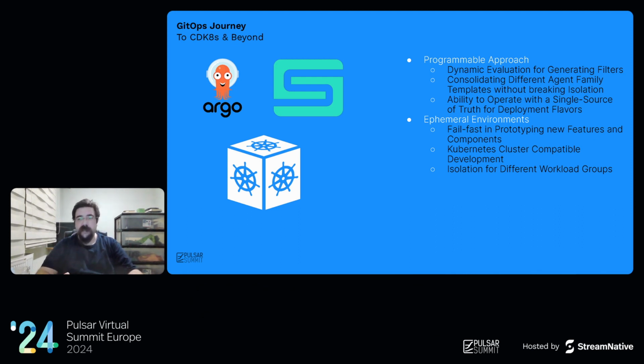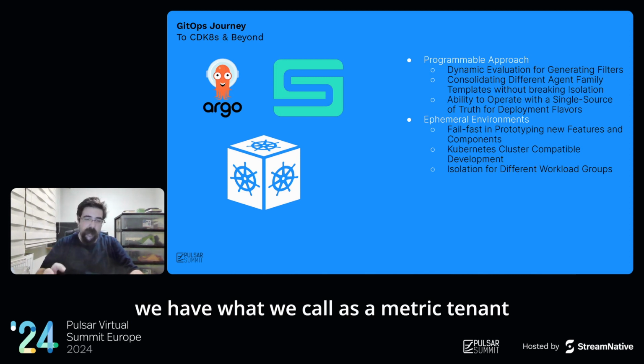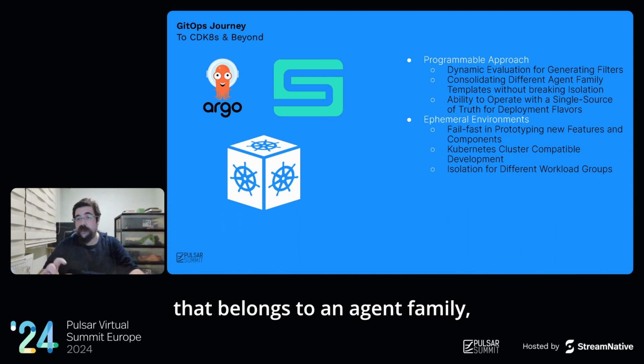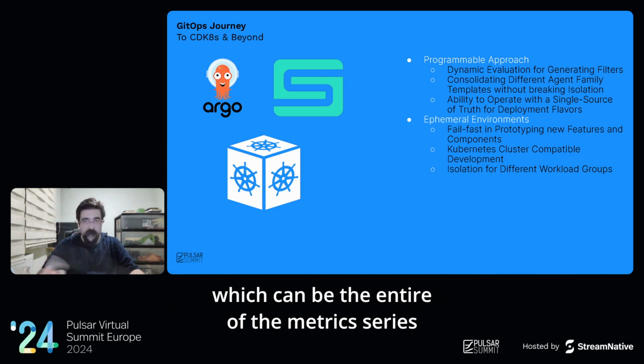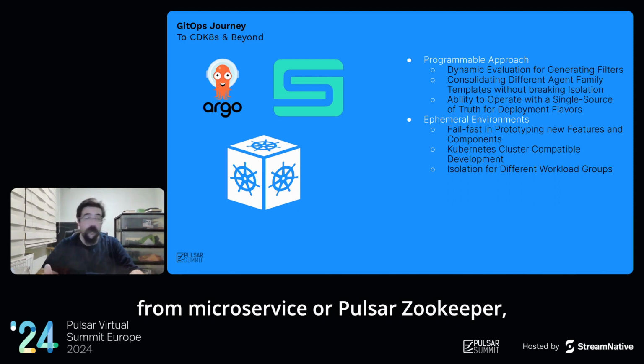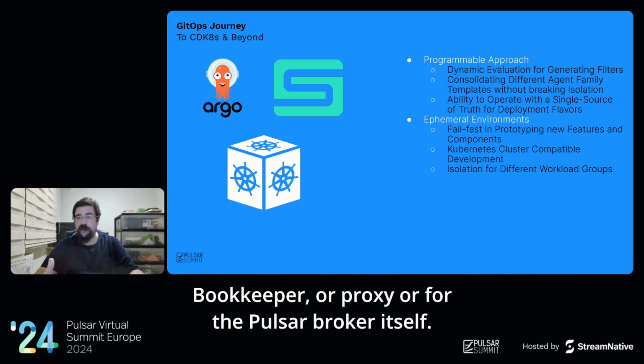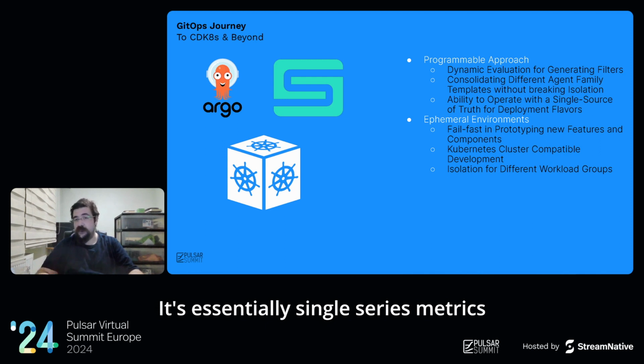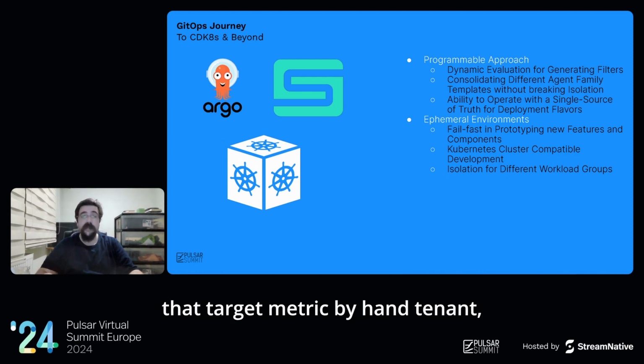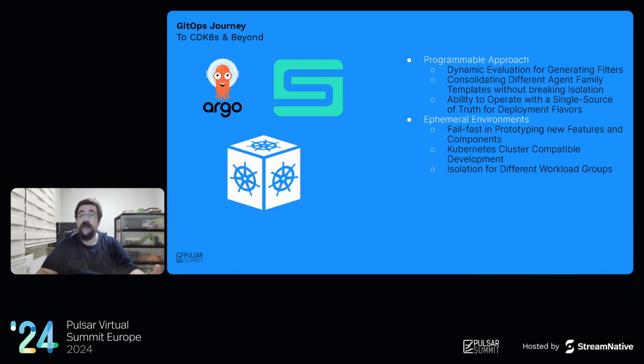And when we are targeting the metric backend for it, we have what we call a metric tenant that belongs to an agent family, which can be the entirety of the metric series from a microservice or Pulsar's Zookeeper, Bookkeeper, or Proxy, or for the Pulsar broker itself, it's essentially single series metrics that target a metric backend tenant.